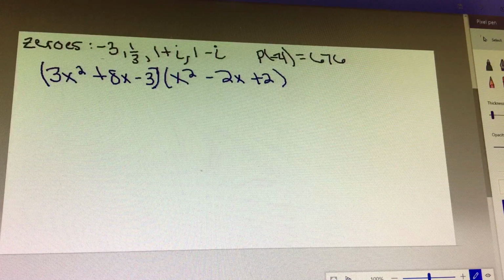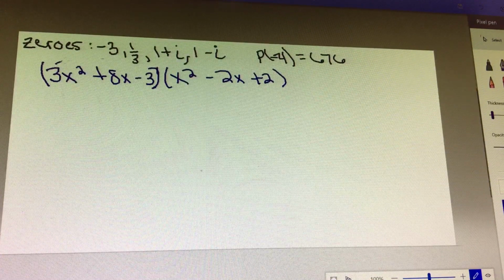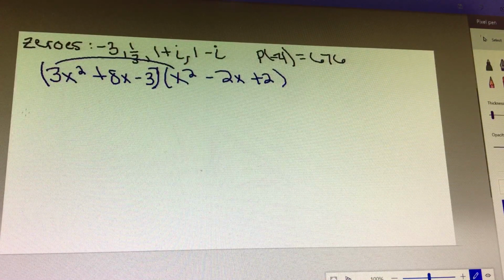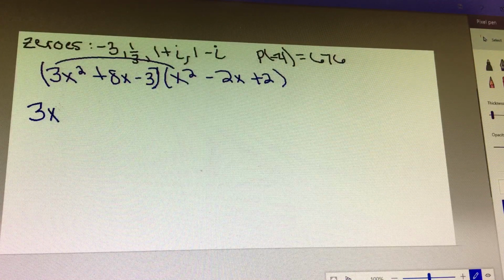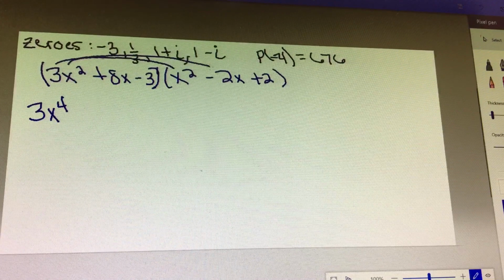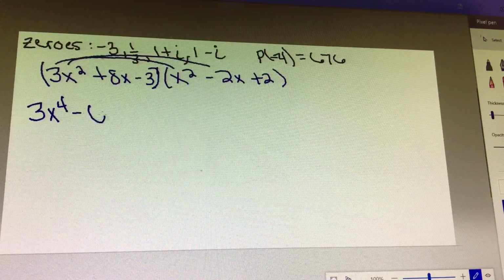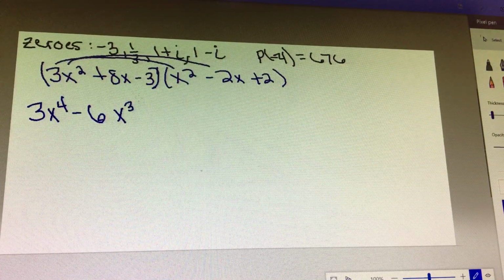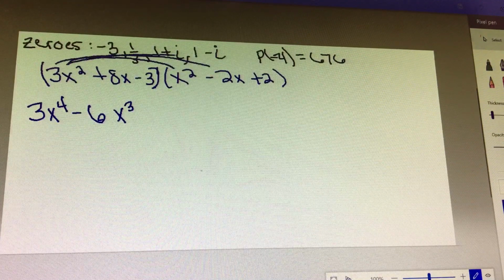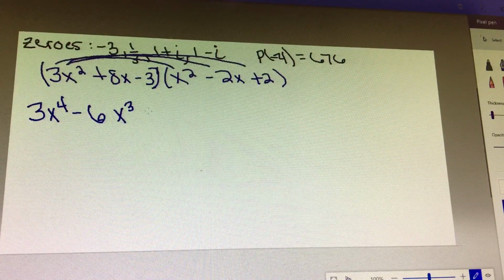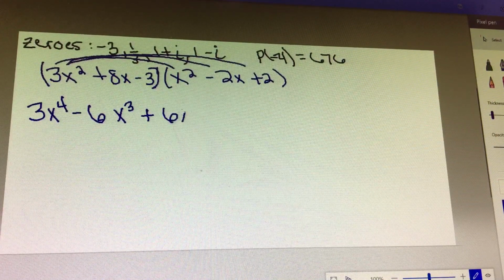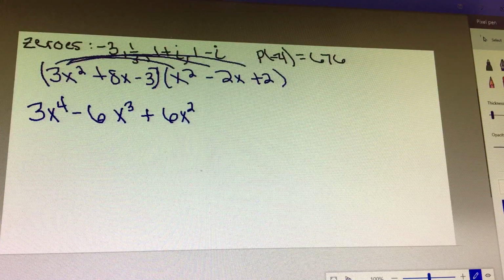We're going to start with 3x squared times x squared. That gives me a 3x to the 4th. Then I have 3x squared times negative 2x, which gives me a negative 6x cubed. Then 3x squared times 2 gives me a positive 6x squared.